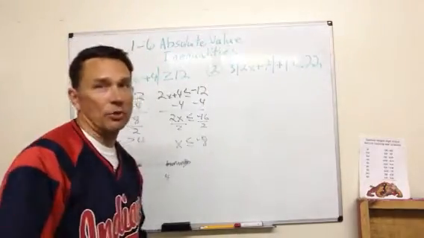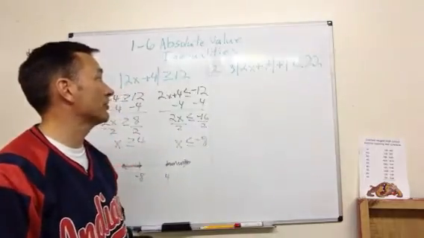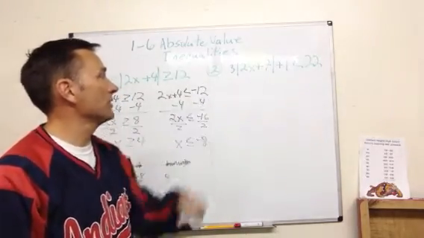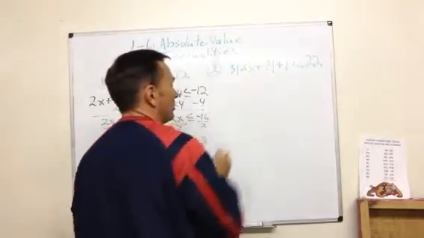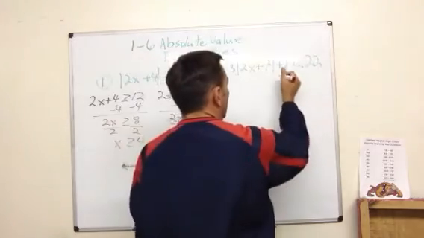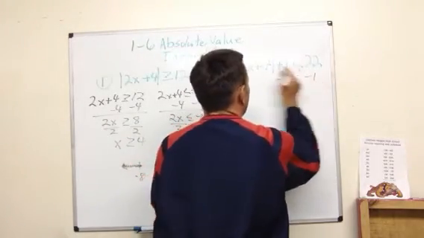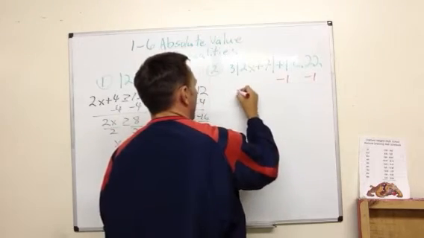Let's compare it to number 2. 3 times the absolute value of 2x plus 7, then plus 1, is less than 22. So again, we have to get the absolute value all by itself. So before we do anything, we need to isolate our absolute value. I'm going to start by adding negative 1.